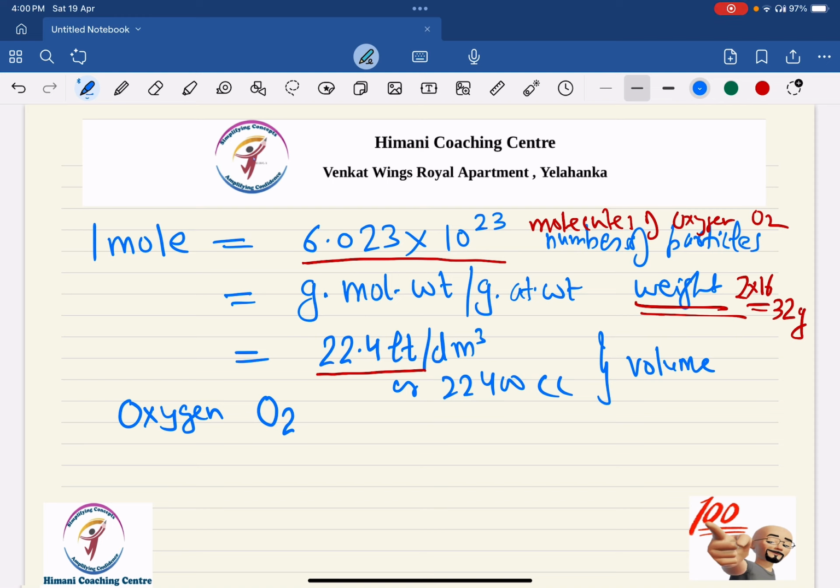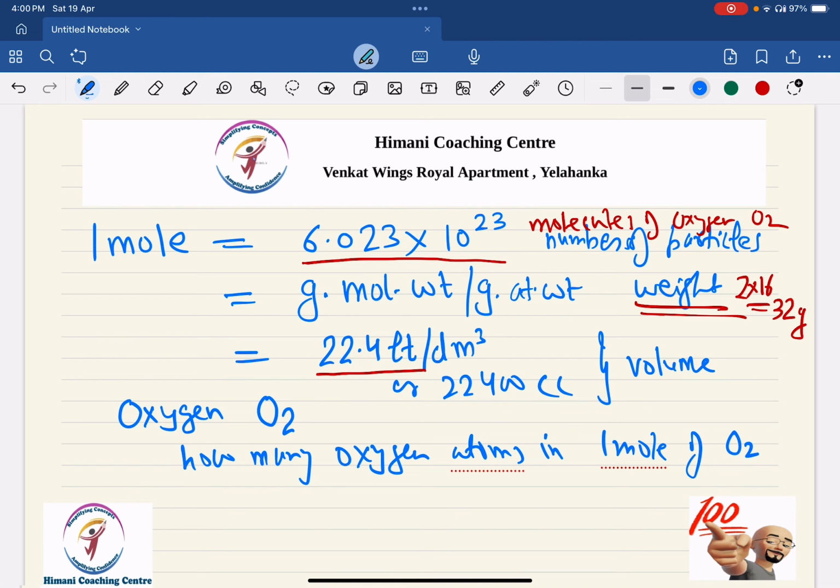Also, before I move on to the questions, understand that if we are asked how many oxygen atoms are there in 1 mole of oxygen, which is O2, see, O2 has 2 atoms of oxygen.